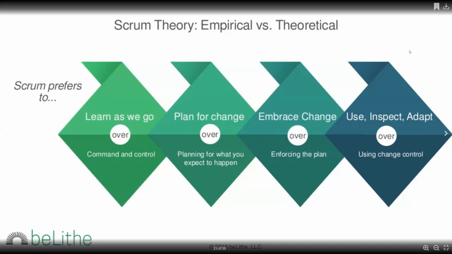You are planning for what you expect to happen and also planning for the unexpected, right? You have to embrace change instead of enforcing the plan that you put in. You have to be adaptable and use change as a control. And change becomes your friend and not your enemy. Change allows you to be adaptable, right?